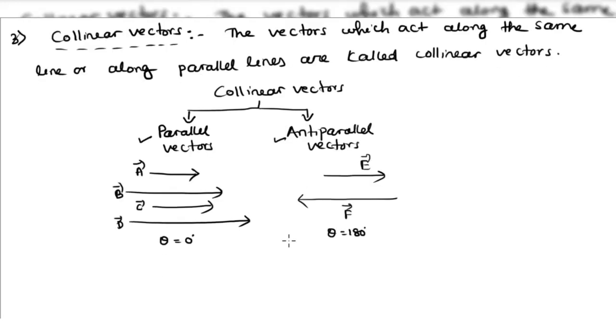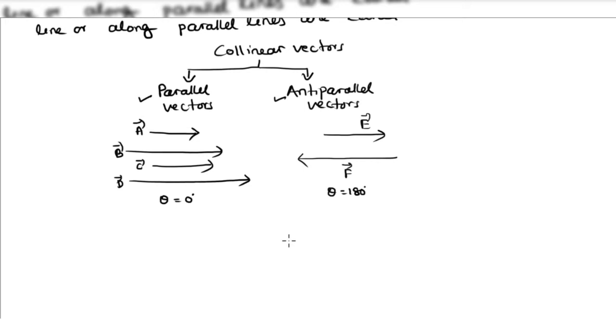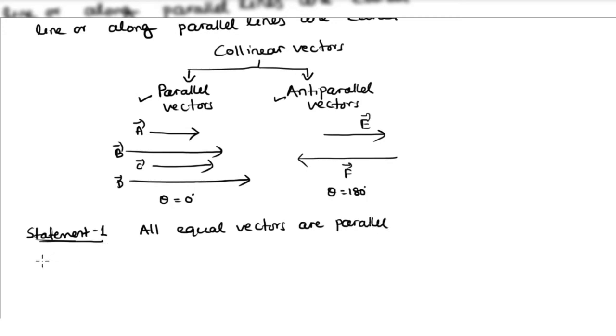So now I'll ask you a question, or I will write a statement. You have to tell me which statement is correct and which statement is false. Statement 1: all equal vectors are parallel.